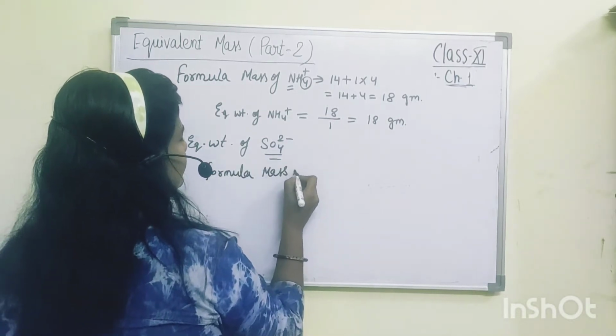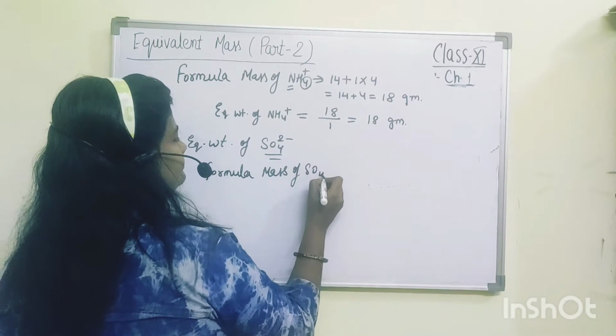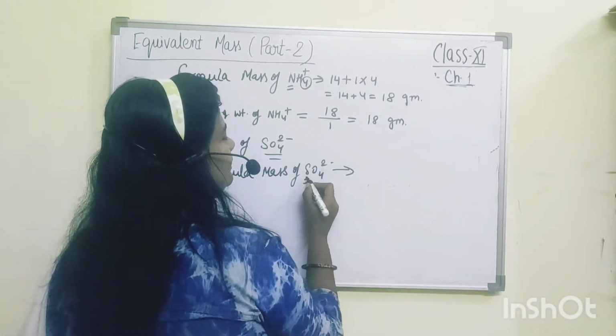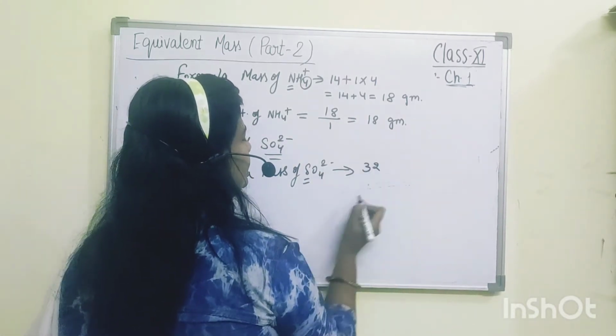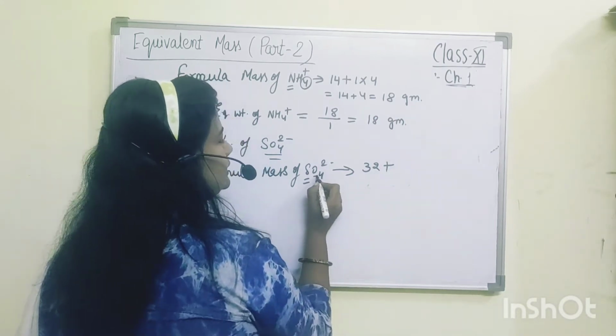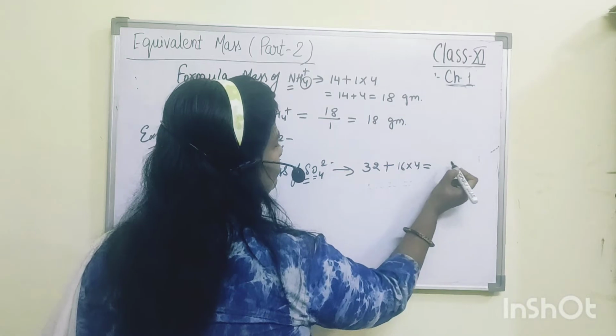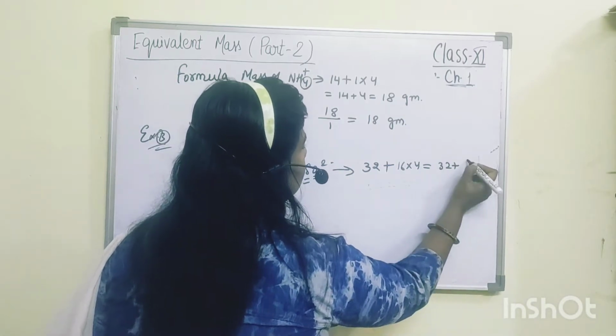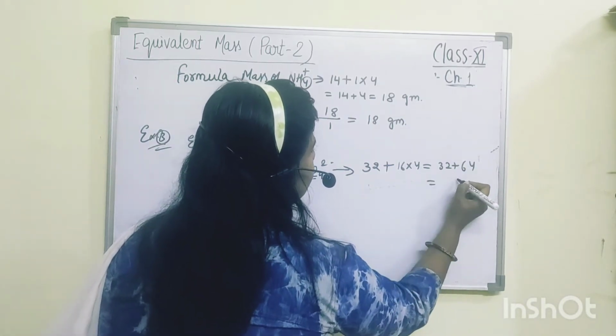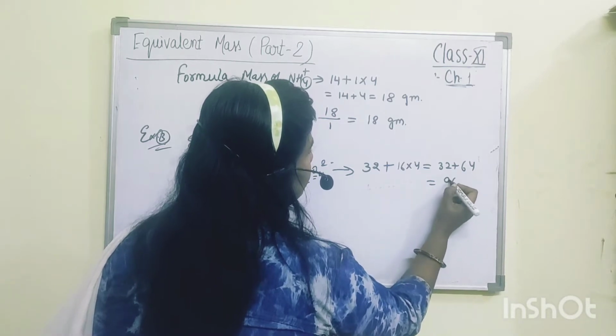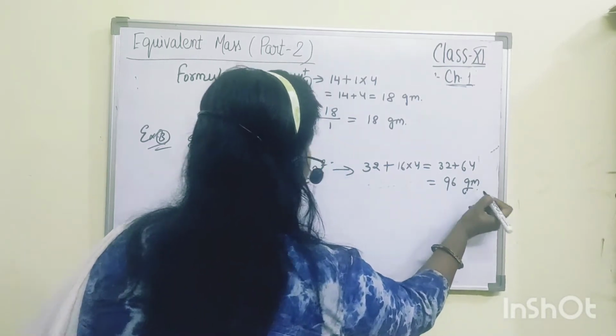Formula mass of sulfate: the atomic weight of sulfur is 32 plus oxygen 16 multiplied by 4. Therefore, 32 plus 64 means 96 gram. Correct?